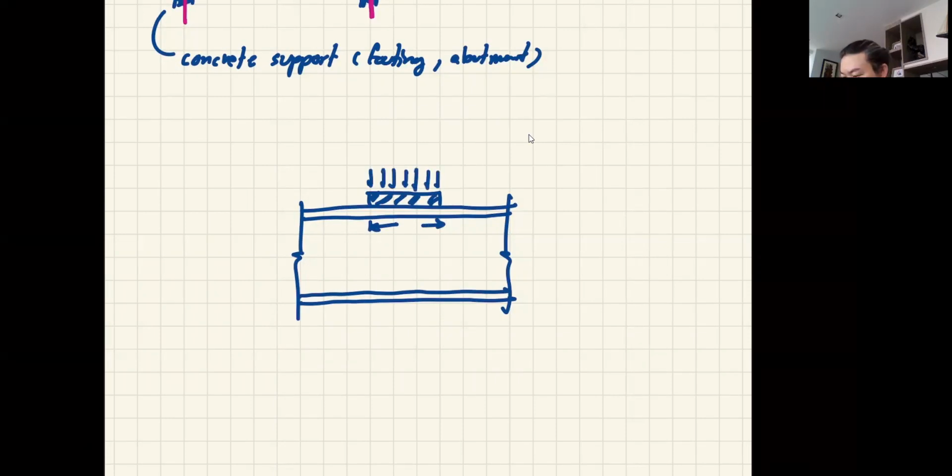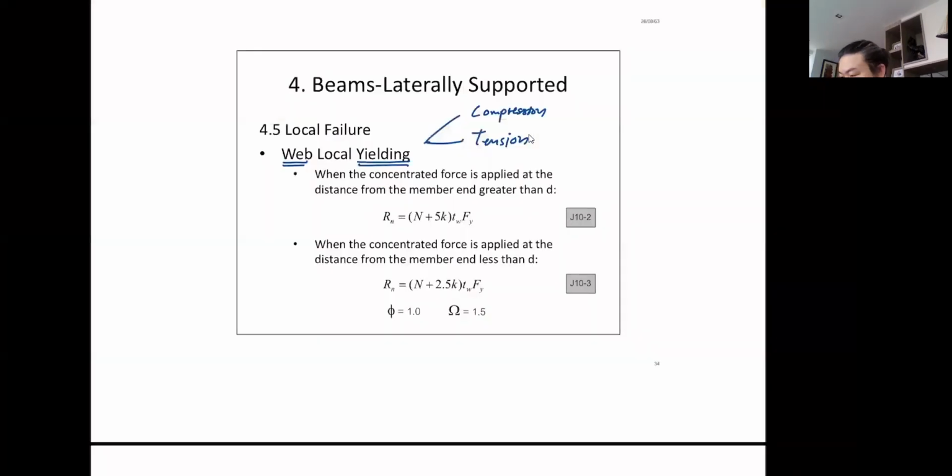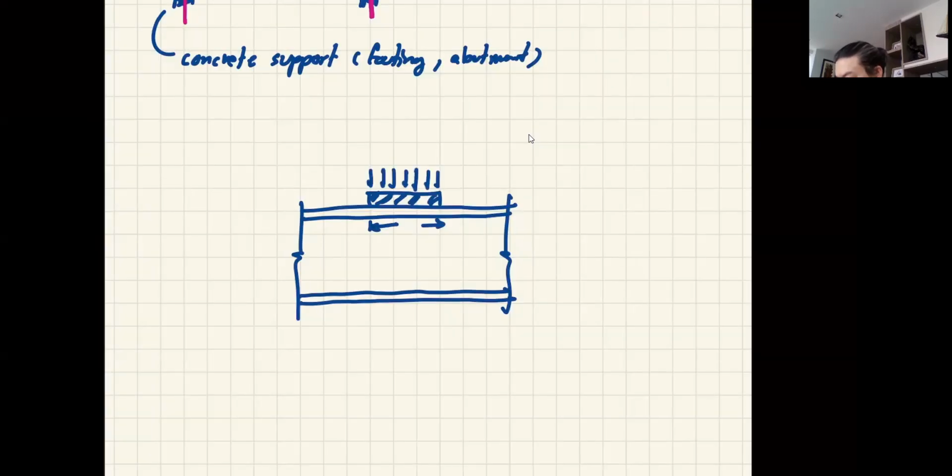In the old days I called it N. They call it N, but if you look at the most recent specification, they changed from N to lc. It's the same thing. So the load comes in with the dimension N. Now this is the side view, we are looking at the side view of our beam.